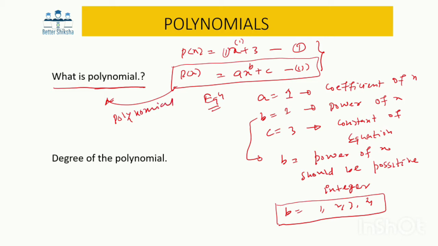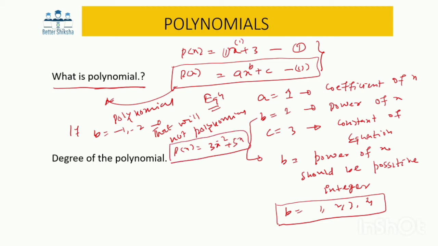And if suppose this b value is negative, like -1 and -2, then that given equation is not a polynomial. Suppose, friends, you have an equation written like 3x to the power of -2 plus 5x, right? Then looking at this equation, the b value is negative, so we can simply say that this is not a polynomial.